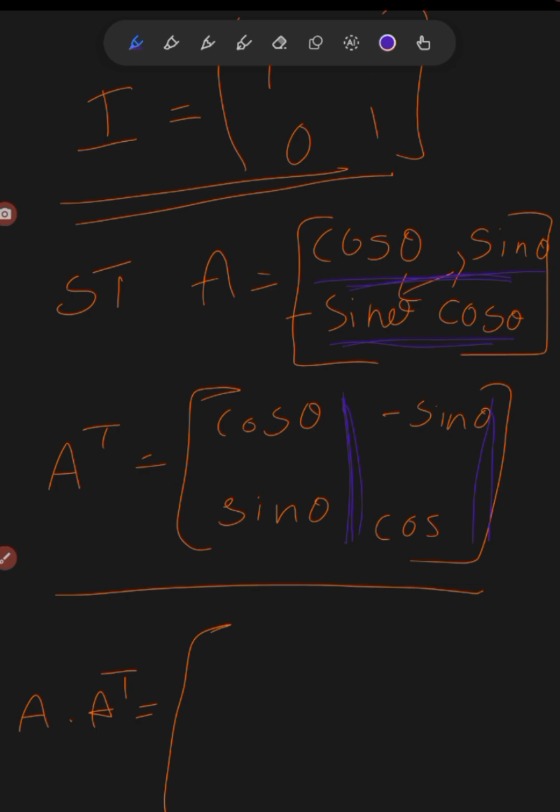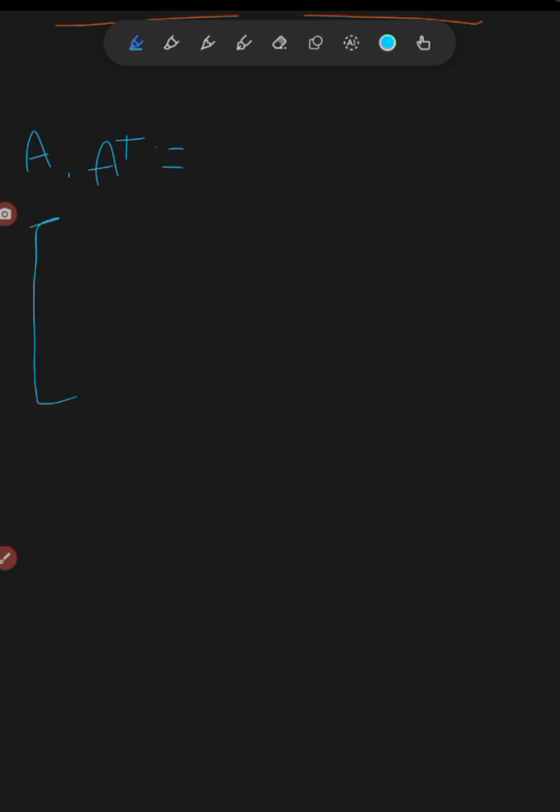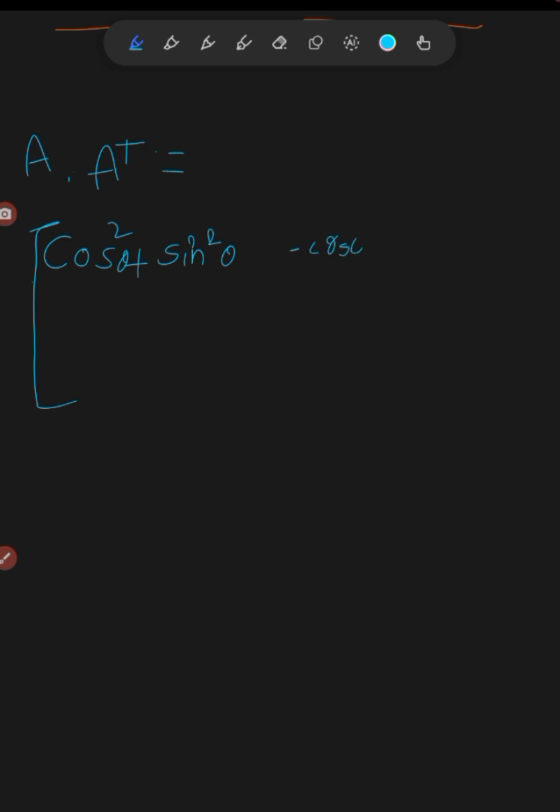So I'm writing the direct next step here, the multiplication steps. I will write it in terms of cos square theta plus sin square theta, and then minus cos theta into sin theta plus cos theta into sin theta.